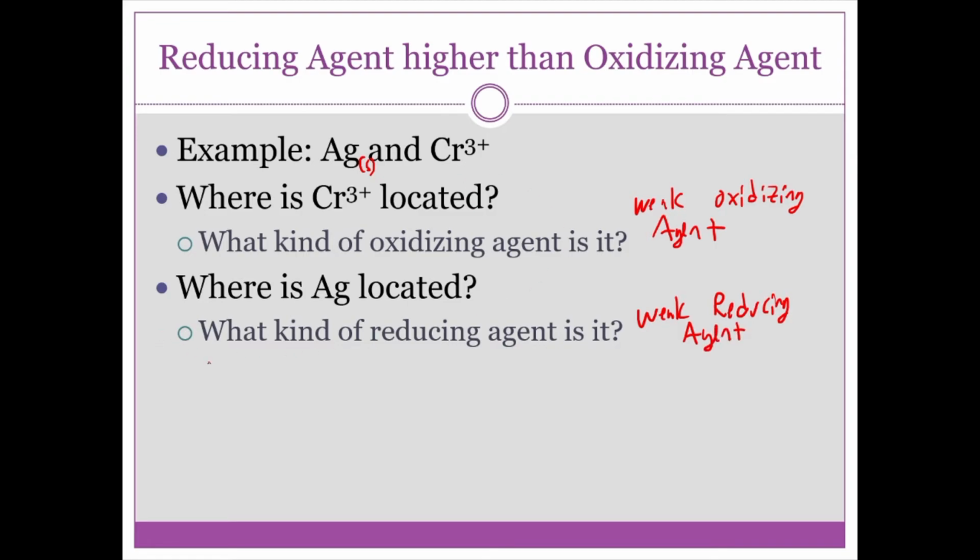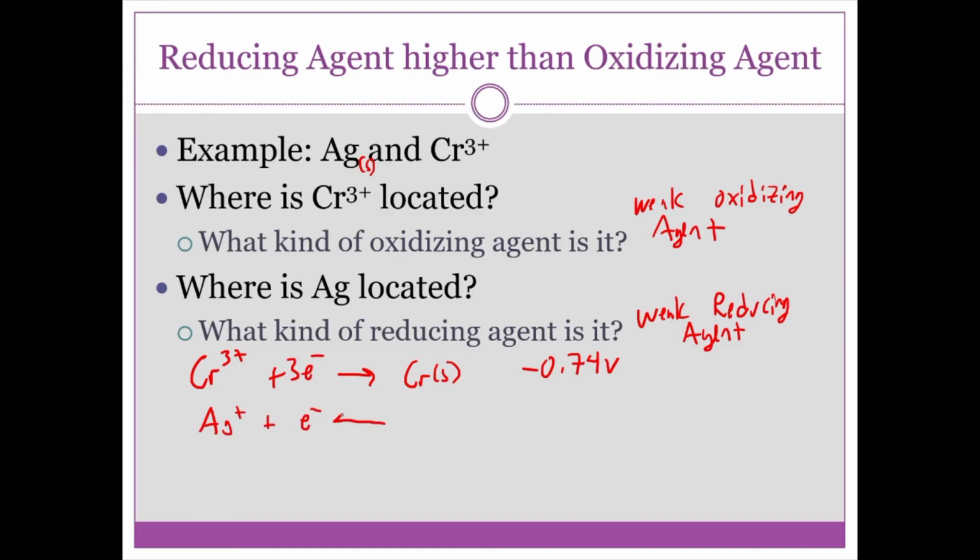Well, if I write the reactions down, the chromium 3 plus as an oxidizing agent wants to gain 3 electrons to become chromium solid. And this, according to our table, has an overall voltage of negative 0.74 volts. Now the silver has the following reaction.